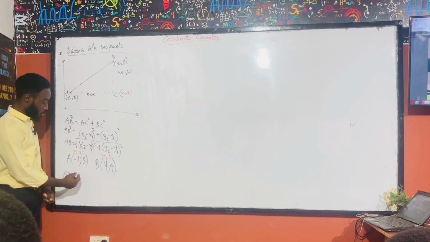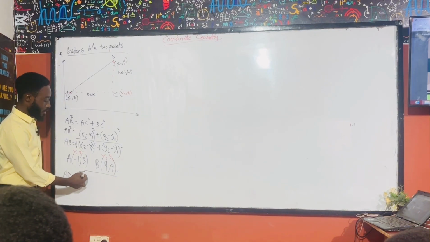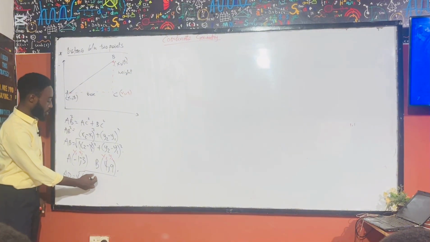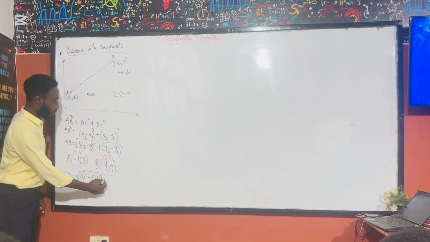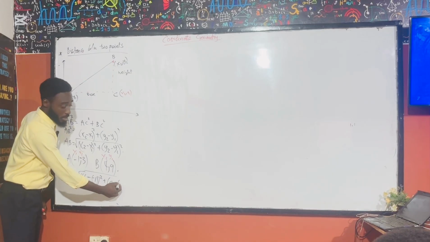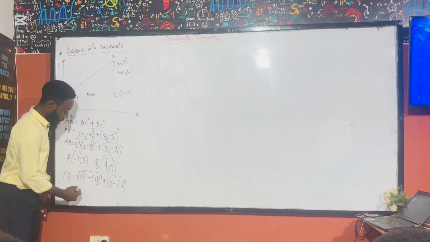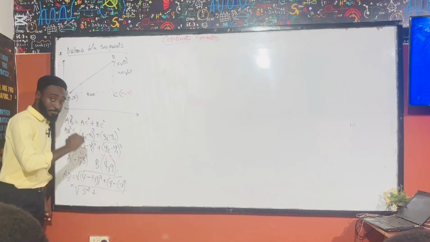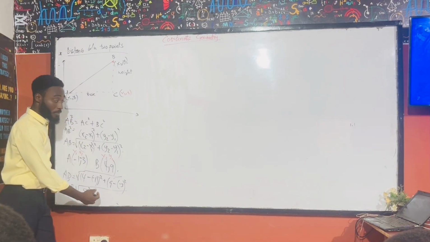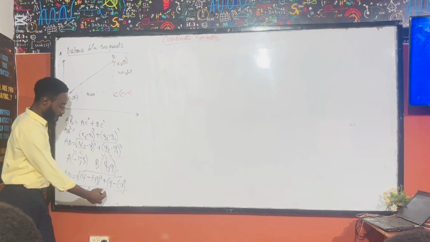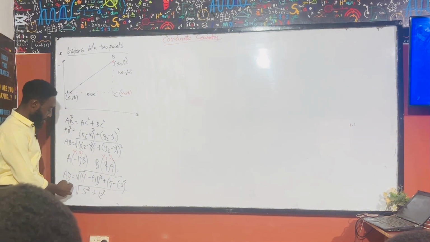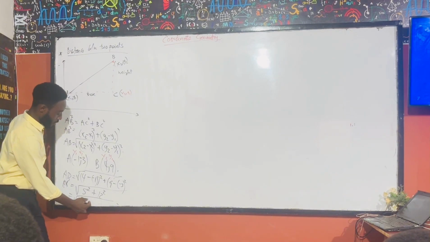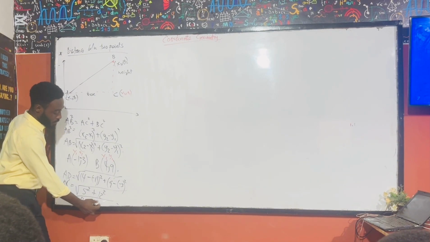So this will be the root of 4 minus minus 1, all squared, plus 9 minus minus 3, all squared. So that gives us 5 squared plus 9 plus 3 gives me 12 squared. So AB is equal to the root of 25 plus 144, right?